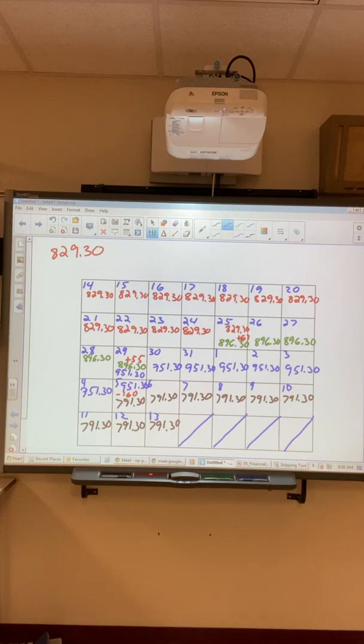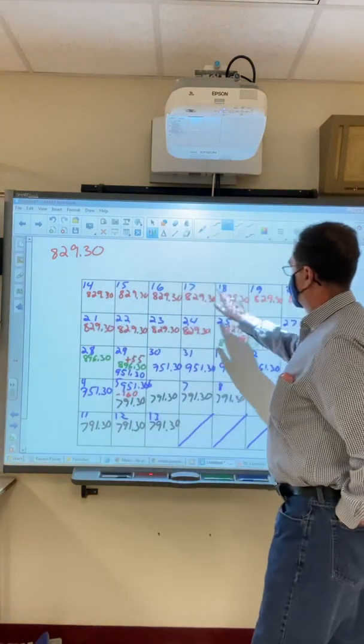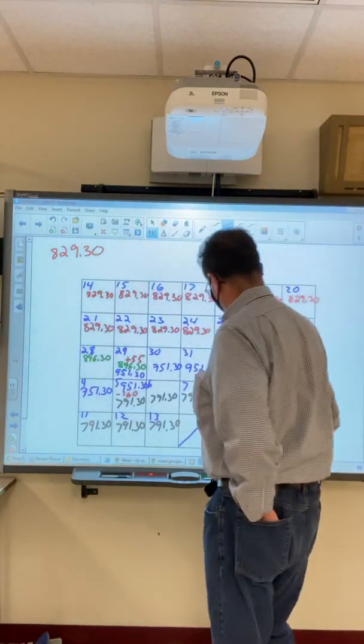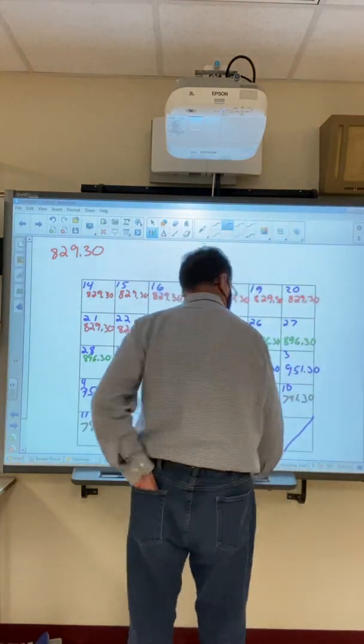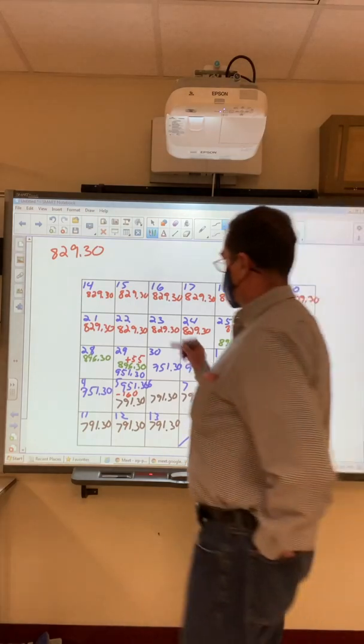Anyone in the class, how many days was the balance $829.30? 11. 11 is correct, because you count the boxes, 1, 2, 3, 4, 5, 6, 7 across the top and 5 more. So that's going to be times 11. Or you could add up 829.30 11 times.